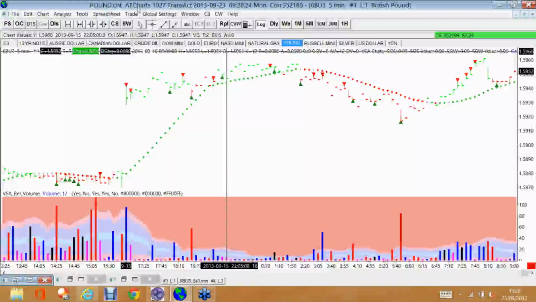John's asking, what is the highest probability sequence to short? Well, I think you saw it today. It's the end of a rising market followed by a reversal. That's probably as high as they get.